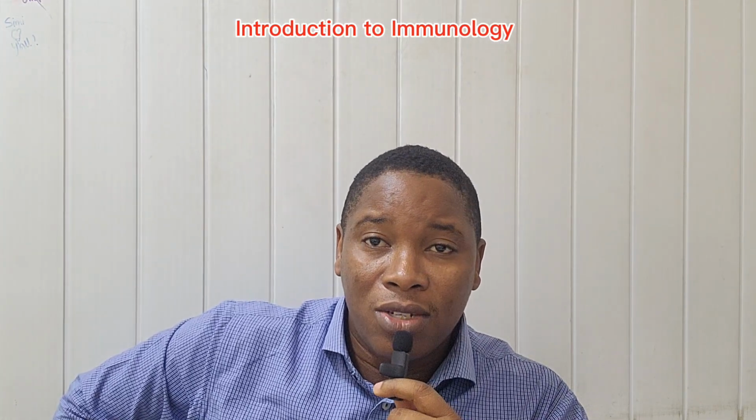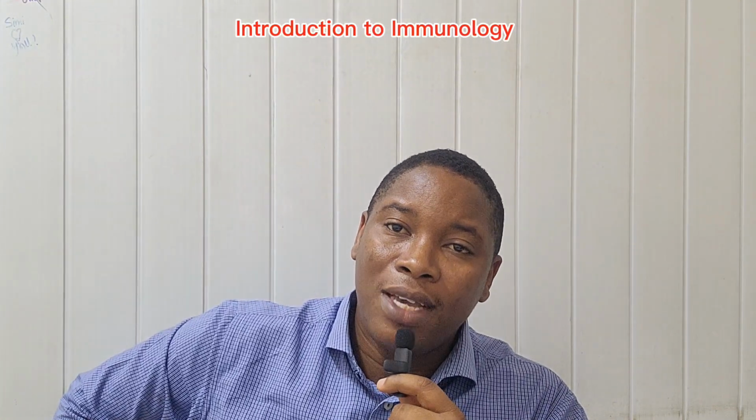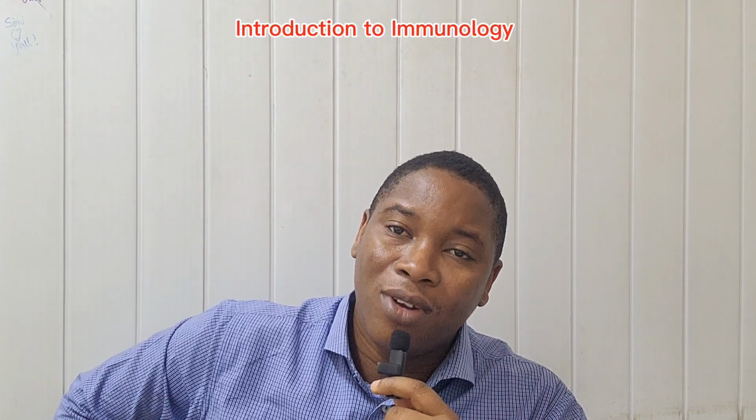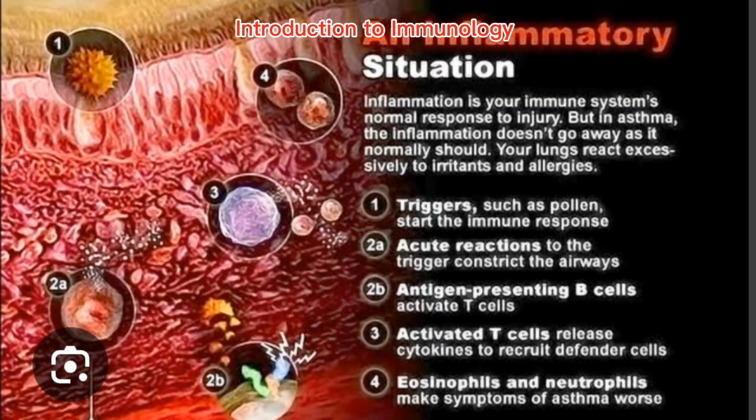Now, if that first line of defense is breached, there's a second line of defense. And that second line of defense is our inflammatory response. This is a response to a break in skin integrity or any situation where a pathogen breaches that first line of defense and finds its way into the body.